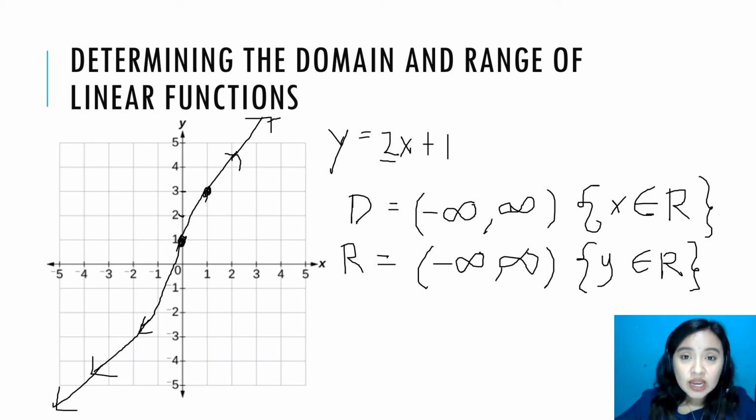Kay i-graph nimo ana dili man pareha sa atong previous example sa other video na naay mga limit. Let's say for example, ani lang ang ato ang graph, dili man siya naay limit lang. So since it is a graph that utilizes a line with arrowheads on both of its ends, essentially, the domain and range is any element of R.